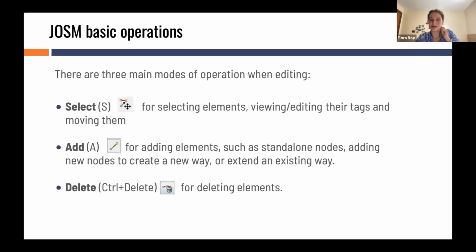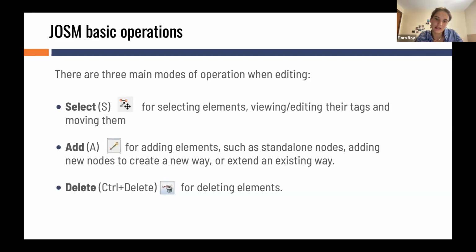So the basic operations, there's three main operations. The selection operation that you can also have by clicking on the S key of your keyboard. This is for selecting elements to view their tags or to edit their tags and for moving them as well. Then you have the adding tool. This is to add elements, nodes or ways or areas.